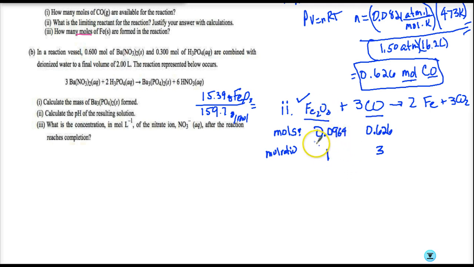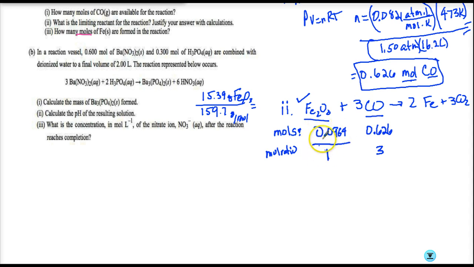This is my 1. This is all I'm going to get. This is my balance. This is my 1. So for every 0.0964 moles of iron oxide, I'm going to need 3 times as much carbon monoxide as this, what I'm given.